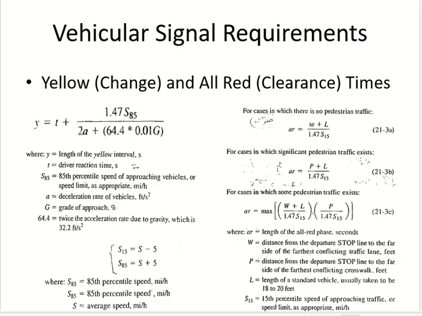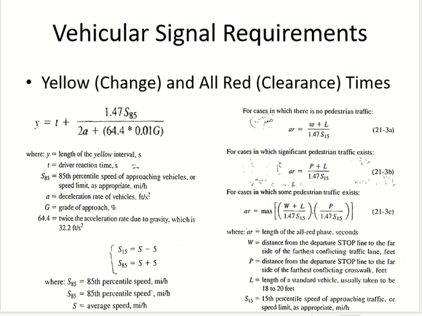If I want time using distance, I need what? Speed, the 85th percentile. So they took the equation of stopping sight distance divided by the speed. That gives you time.